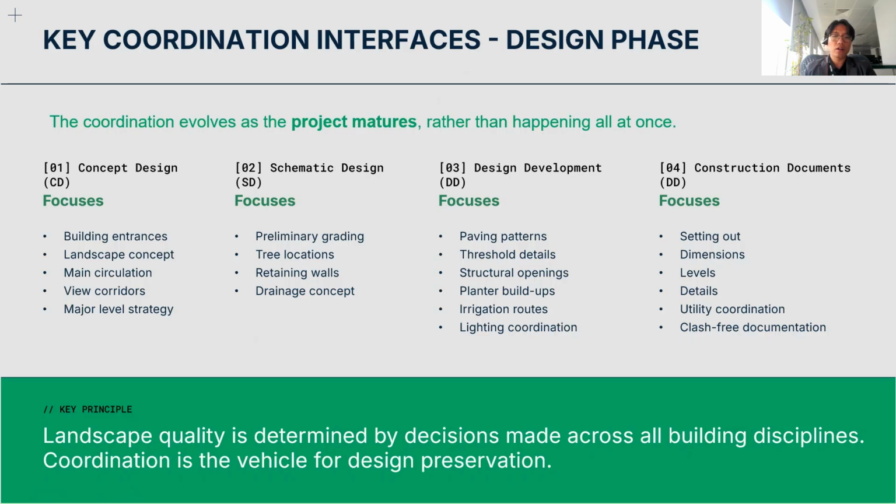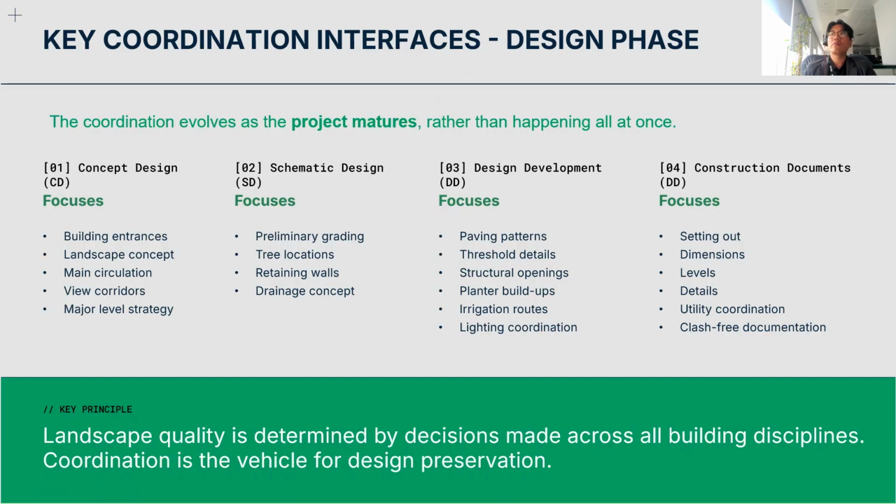At the concept design, we just need to focus on some specific areas, such as the building edges, the landscape concept idea, the arrangement of planting areas and circulations, the main circulations, the view corridors, and the major level strategies.